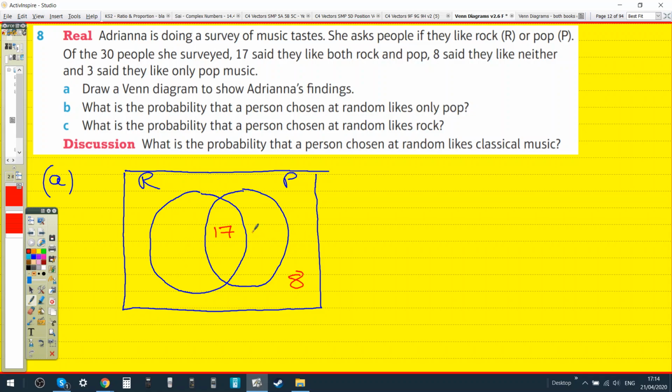On the right side, it says here 3 said they like only pop. For which one? No. 3 said they like only pop. So this one here is only pop, not rock as well. And so this one will be 3.